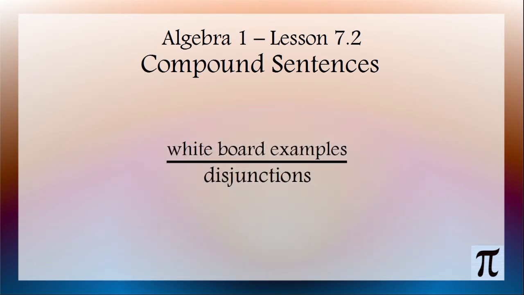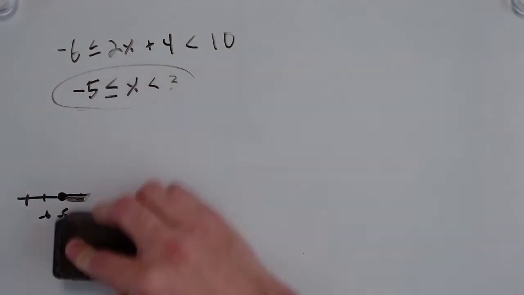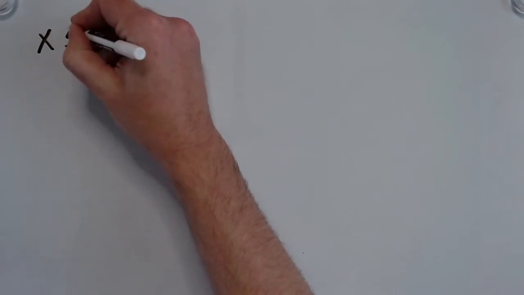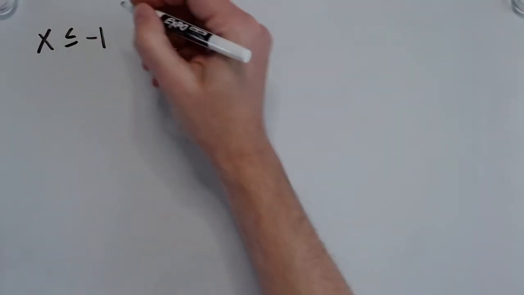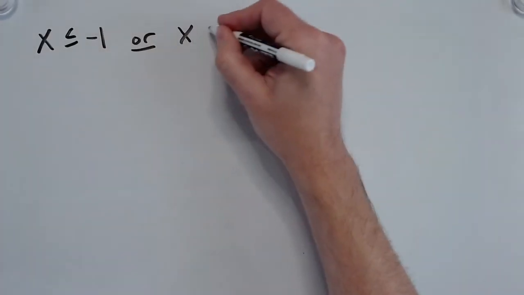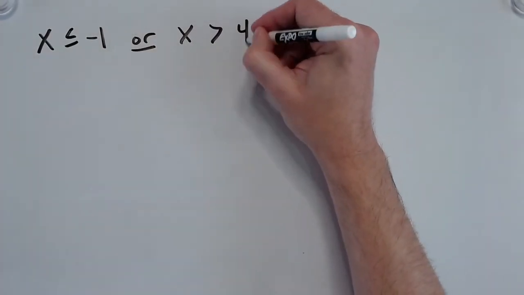We're going right back to the whiteboard to do some more quick examples. Okay, we're going to write the statement up here that x is less than or equal to negative 1, or, that's the important word, x is greater than 4.